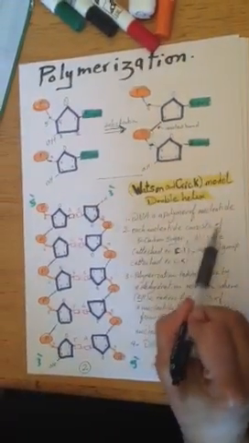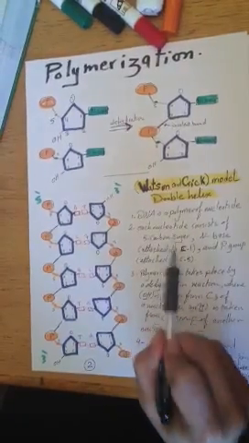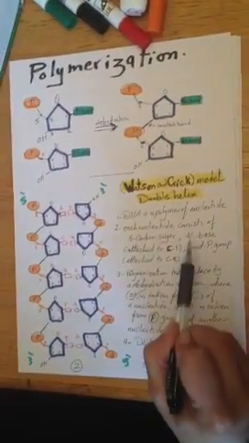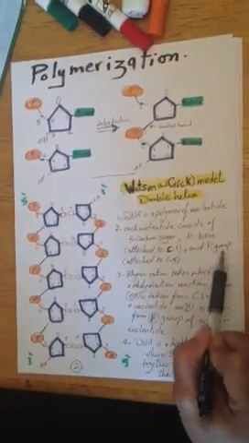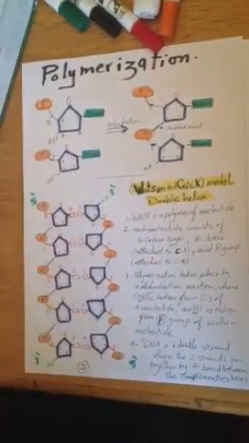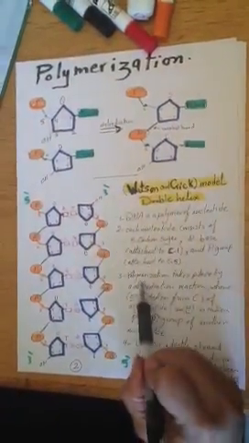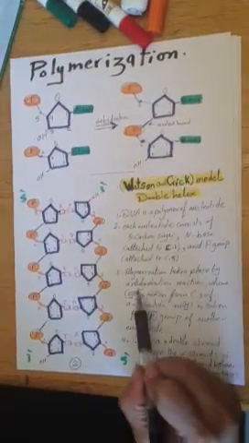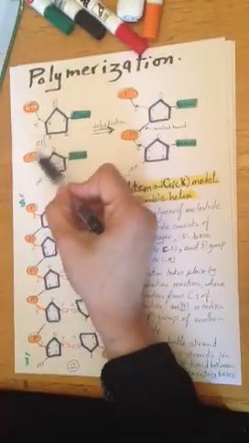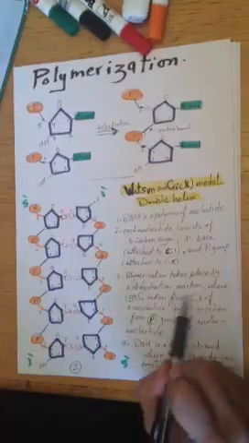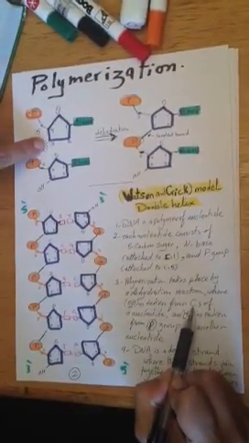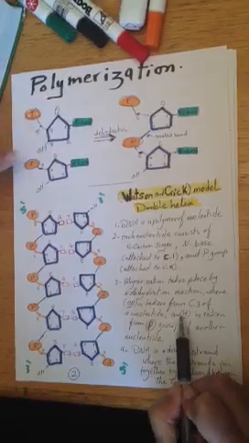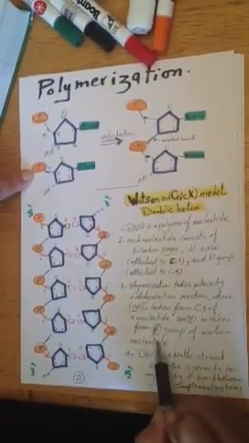Each nucleotide consists of 5 carbon atom sugar, nitrogen base attached to carbon number 1, and phosphate group attached to carbon number 5. 3. Polymerization takes place by dehydration reaction, as I explained here, where OH is taken from carbon number 3 here in 1 nucleotide, and the hydrogen from phosphate group in another nucleotide.